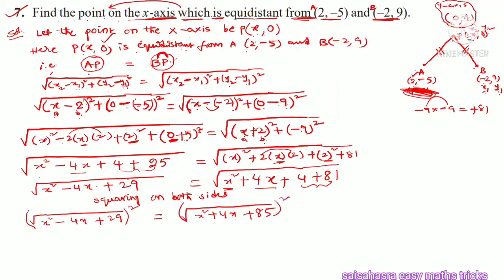When you apply squaring to a square root, the square and square root are opposite operations, so we can cancel them. What is left is x square minus 4x plus 29 here, and x square plus 4x plus 85 here.